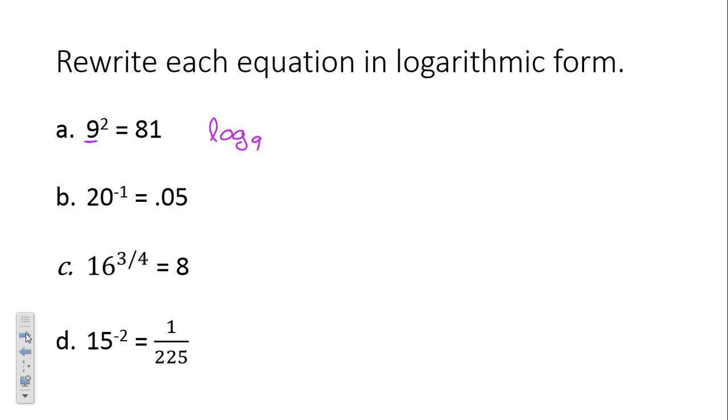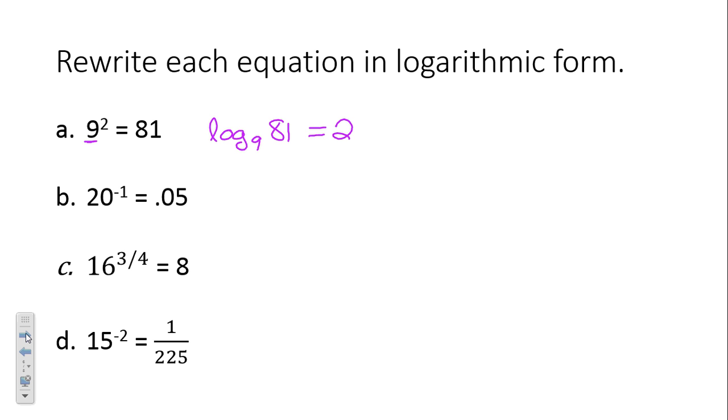Is it the 2 that goes here and the 81 that goes on the outside? Log base 9 of 81 equals 2. Because base 9 to what power gets me 81?